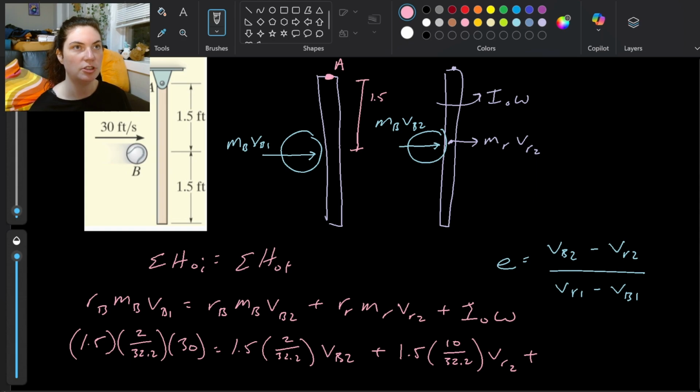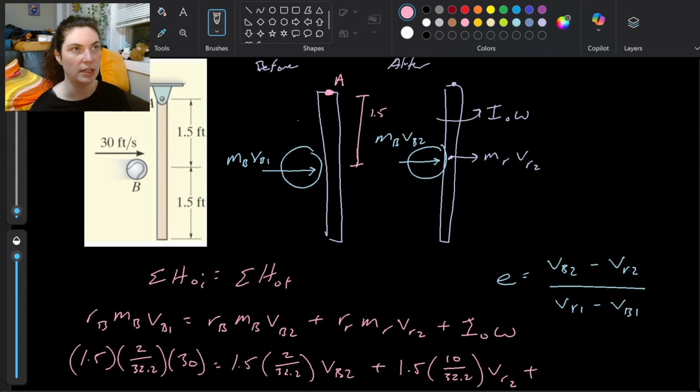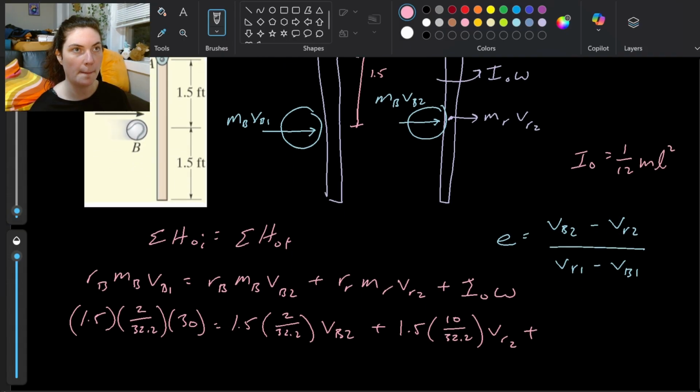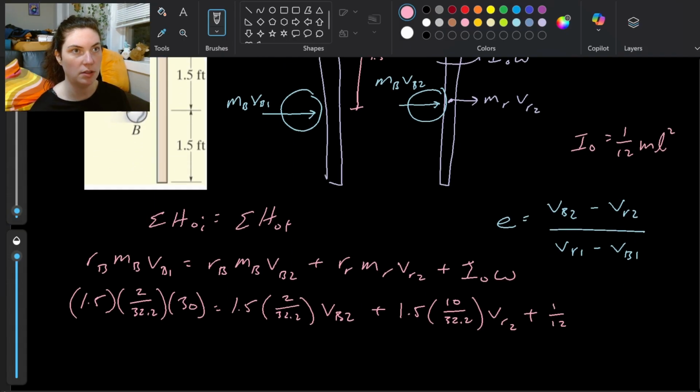So our moment of inertia when we have a slender rod that rotates about its end, that's 1/12 ml squared. I'm going to plug in here 1/12 the mass of the rod, since the rod is the only thing that has that angular velocity. The ball does not get any angular velocity. Only the rod has angular velocity.